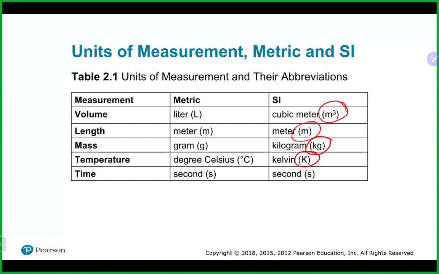Temperature is one that you might not be familiar with. It is Kelvin. Kelvin used to be called the absolute temperature scale, later renamed for a guy named Kelvin, I'm assuming. If you're not familiar with Kelvin, you will be very familiar by the time we're done in this class, because in chemistry, if you're using a temperature in a calculation, it's almost a no-brainer that it needs to be in Kelvin in most formulas.